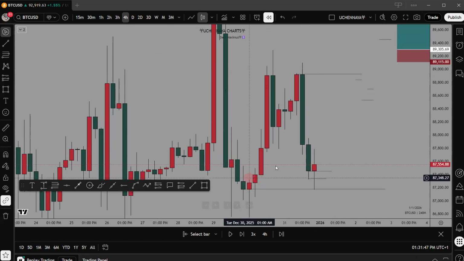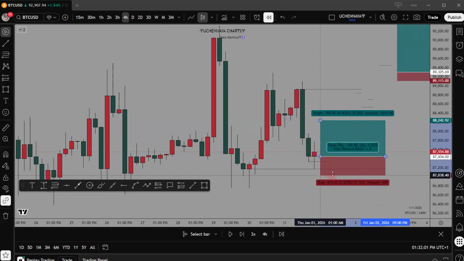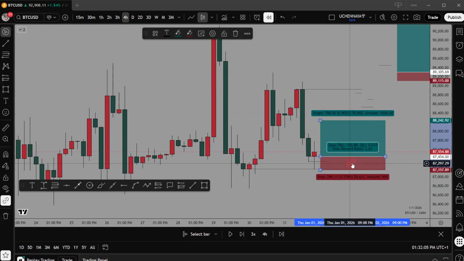Daily reject daily H4 support. This is for bullish storyline. There is no breakout yet. So you just place your entry here. Take your stop loss below this low.